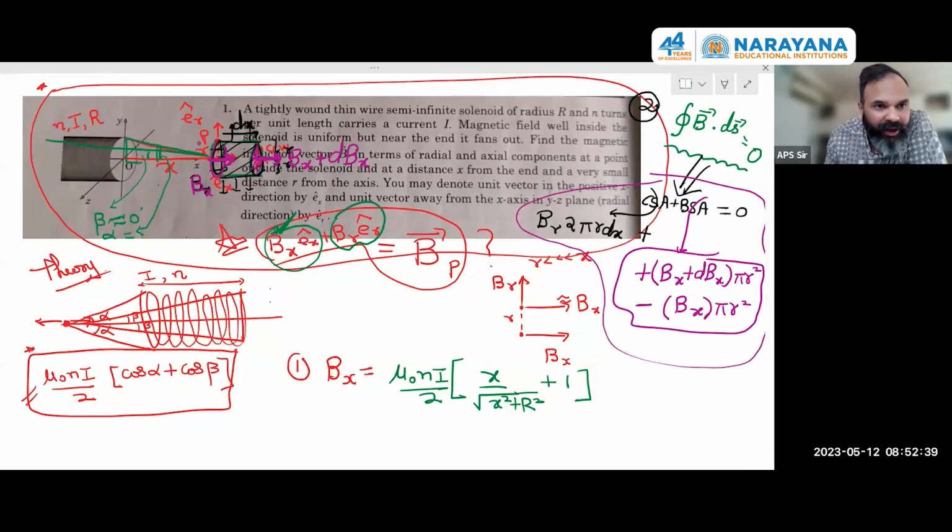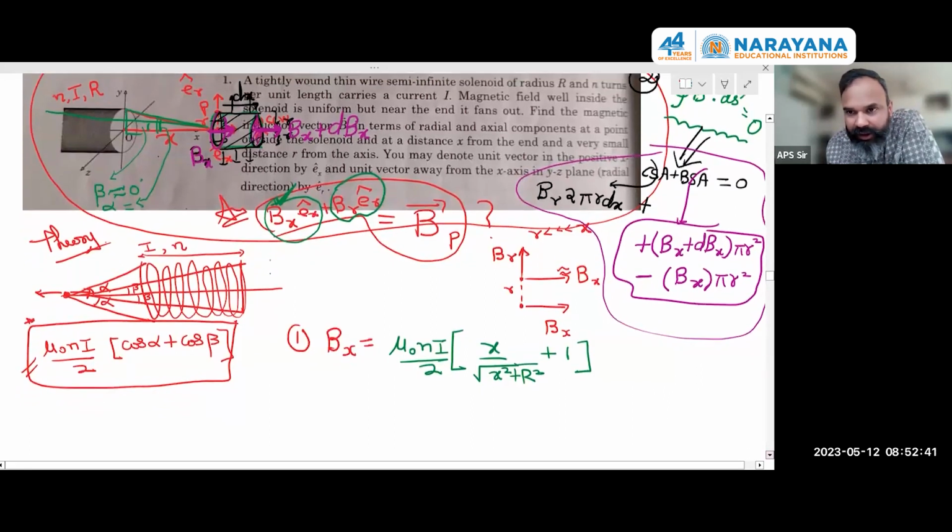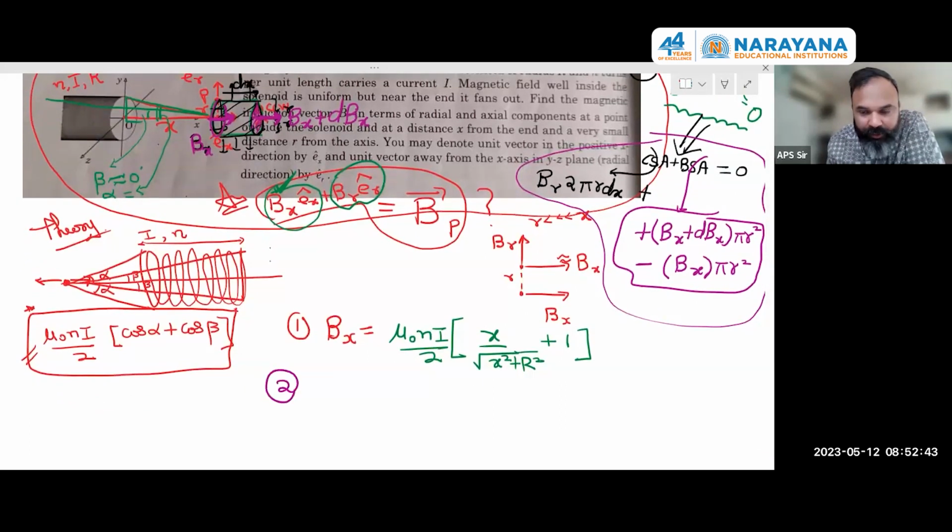So let me write my second equation here. Now things are streamlined properly. So I am getting B as a function of r into 2 pi small r into dx. And then I'm getting these terms here. So Bx into pi r square will cancel, so I'll have a dBx into pi r square. That term is coming out as 0.